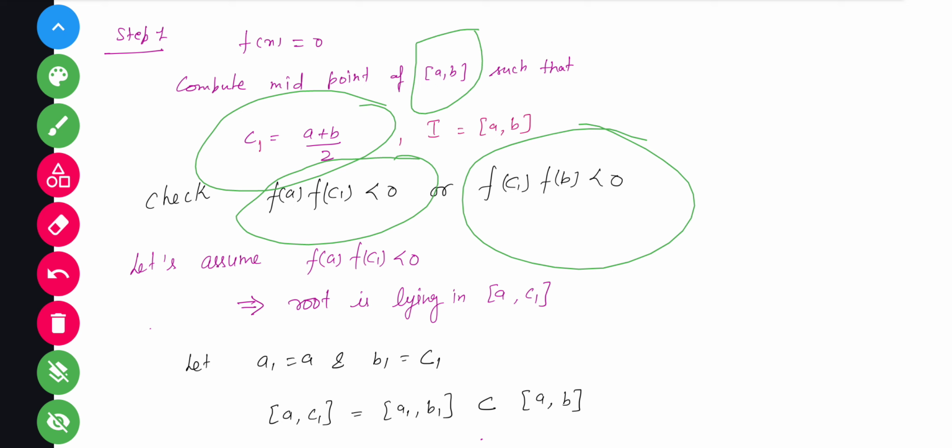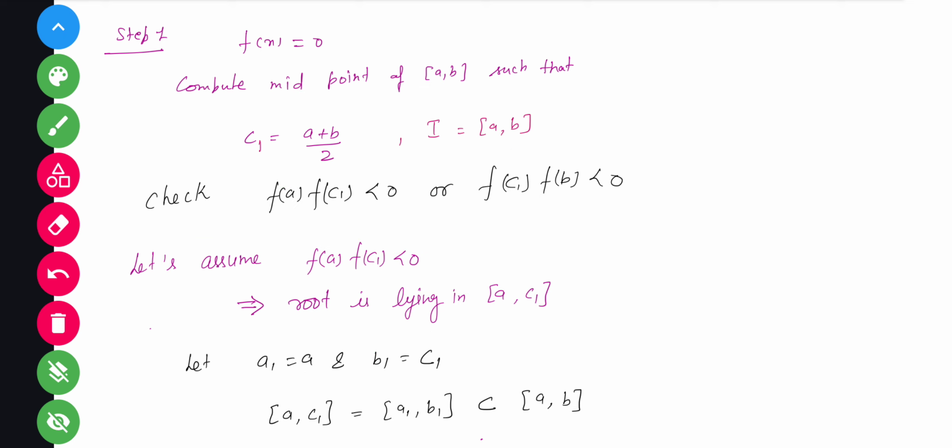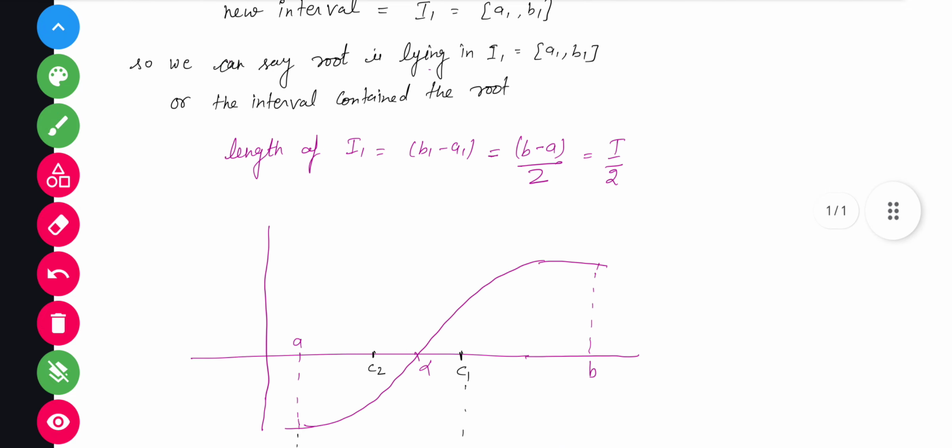Let's assume that this satisfied the condition. That means we will take A1 as A and B1 as C. So B is replaced with C, you can see. We will do this for many iterations, and at the end we will find the actual root. When we will be able to find the actual root, we will see now.